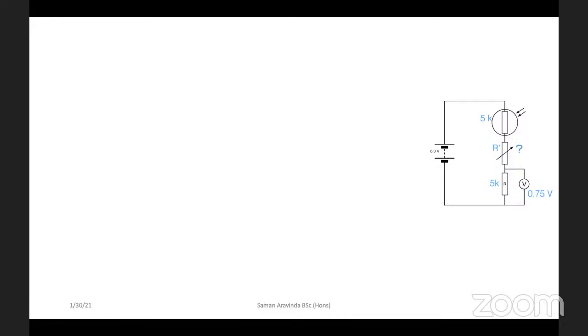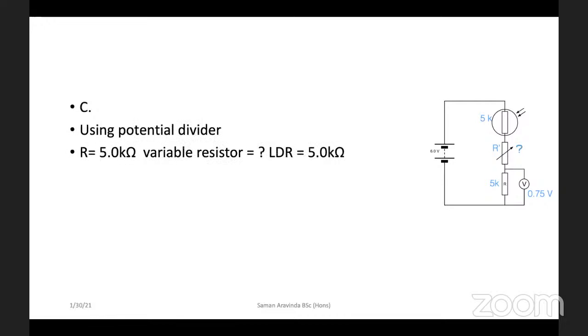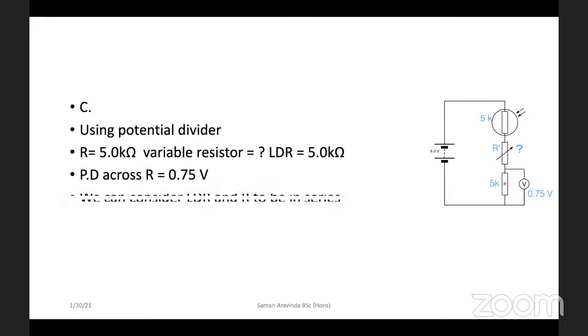I get 30 kilo ohms. Let's see, I think you're correct. Using the potential divider principle, R is 5K, the LDR is also 5K, and we need to find the variable resistor. The potential difference across R is 0.75.